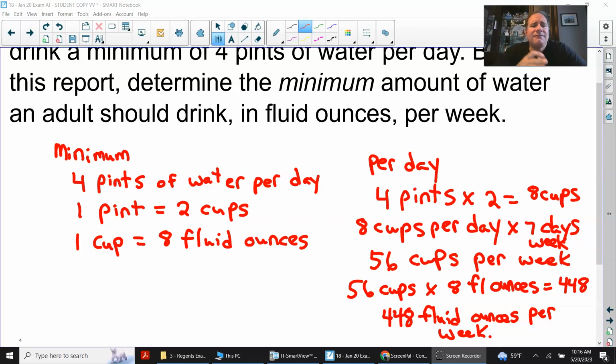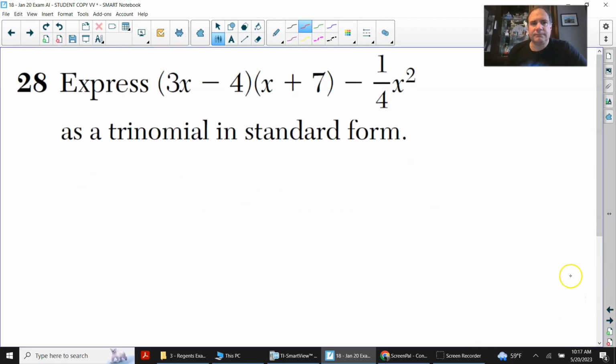So then you take the 56 and convert it into fluid ounces, because each cup equals 8 fluid ounces. So then you do 56 times 8 and you get 448 fluid ounces per week. And that is your answer right here. Anytime they give you one of these conversion problems, just look on the reference guide. It should be there. And that's it.